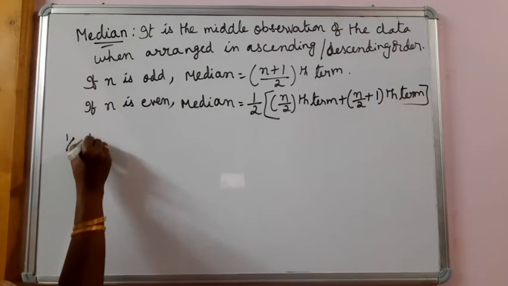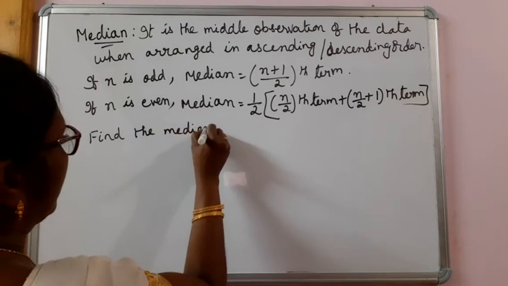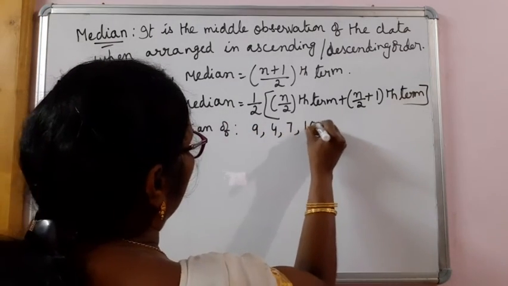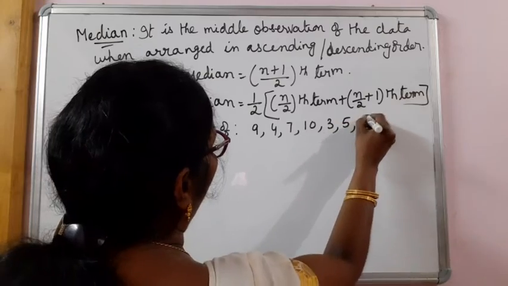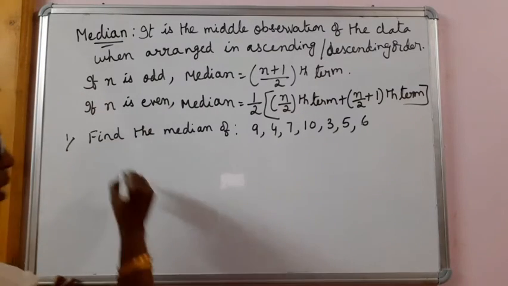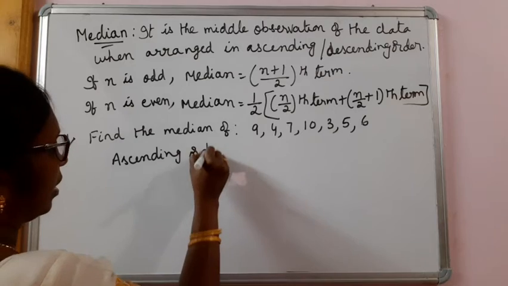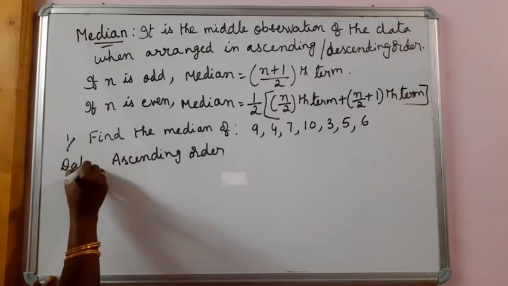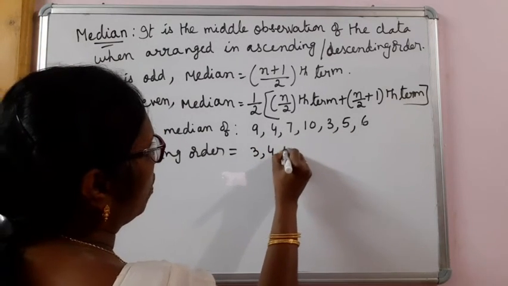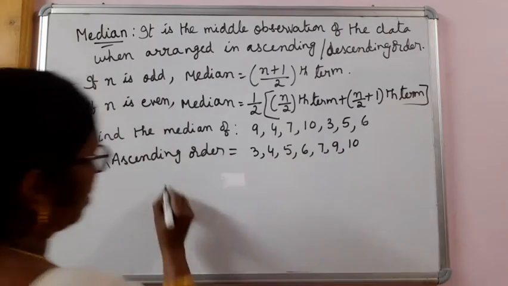For the first one, find the median of the given data 9, 4, 7, 10, 3, 5, 6. 1, 2, 3, 4, 5, 6, 7. Let me arrange the data in ascending order. The smallest is 3, 4, 5, 6, 7, 9, 10. 7 are there.